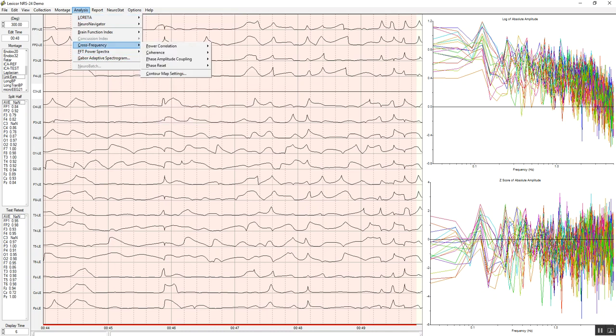And you can go directly under analysis to power correlations. That's the one I showed for the wakefulness, drowsiness, and sleep, or coherence, cross-frequency coherence. This is from the surface. Phase-amplitude coupling, again, that's the surface. And phase reset, like I was showing before.